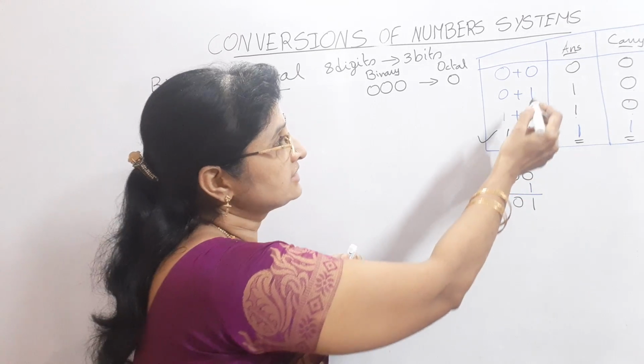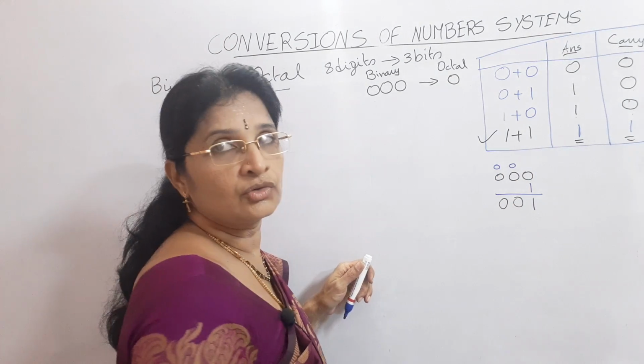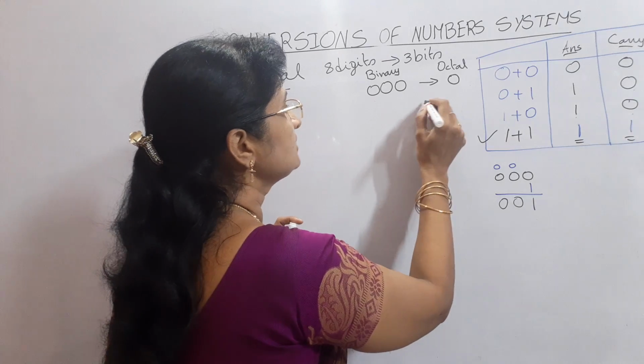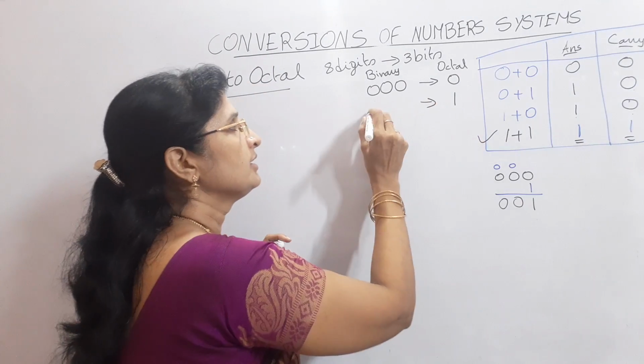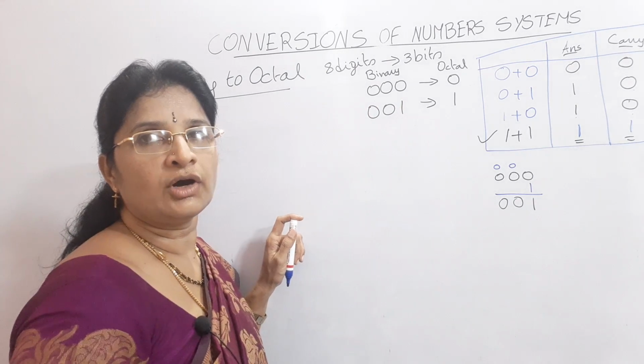Next, 0 plus 0, again the answer is 0 and the carry is 0. So what is the equivalent binary number for the octal digit 1? It is 001.